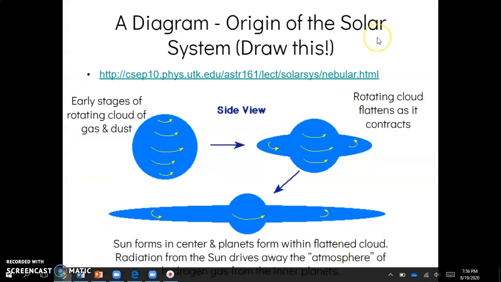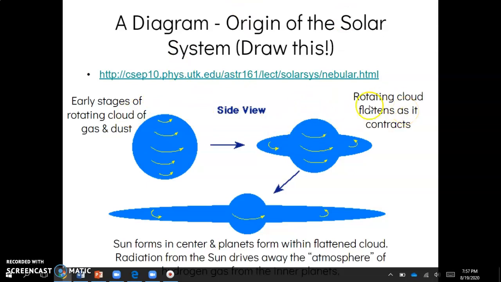And it says to draw this. You guys don't have to draw this. I just wanted to give you another diagram and a view of how solar systems actually originate. So in the earliest stages of the formation of a solar system, there are just these swirling, rotating clouds of gas and dust. This would be a top view, and this would be the side view.